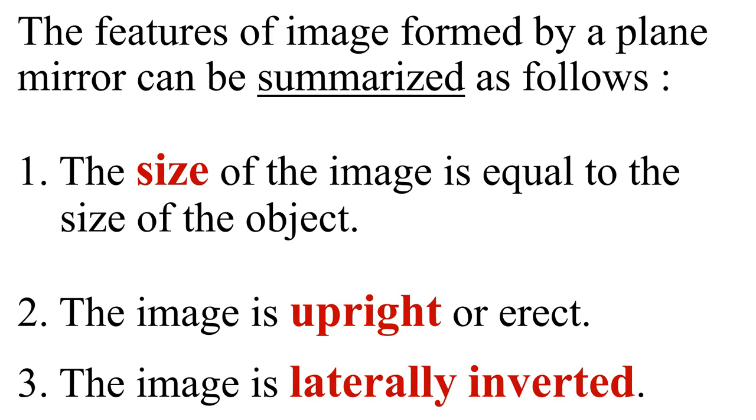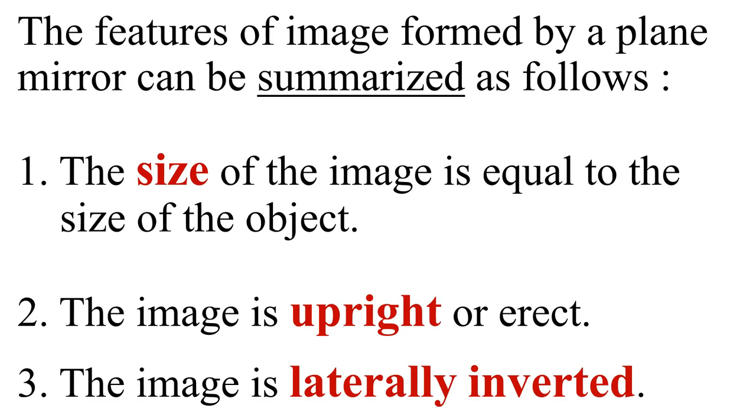The features of the image formed by a plane mirror can be summarized as follows. Number 1. The size of the image is equal to the size of the object. Number 2. The image is upright or erect. Number 3.